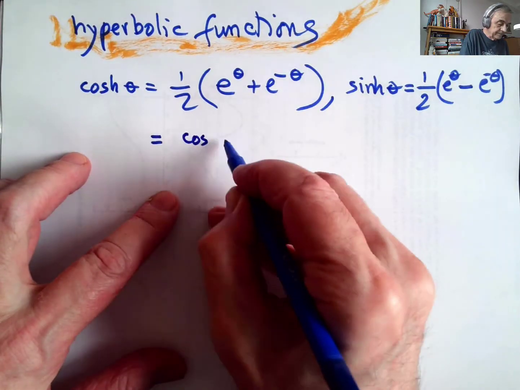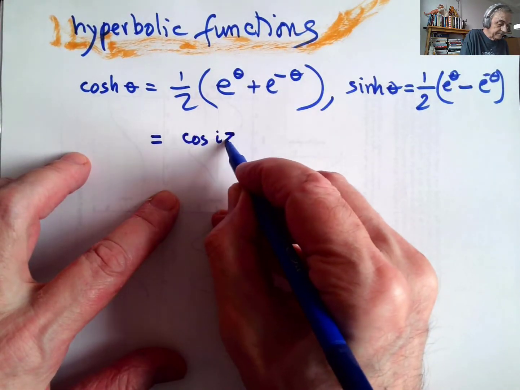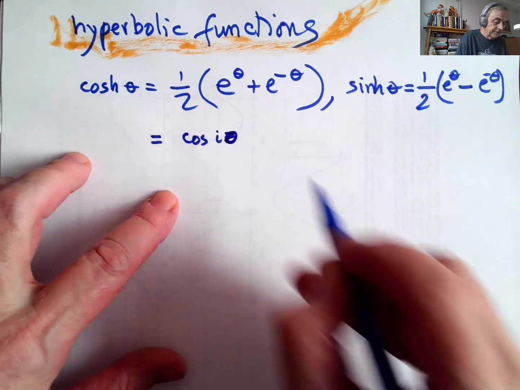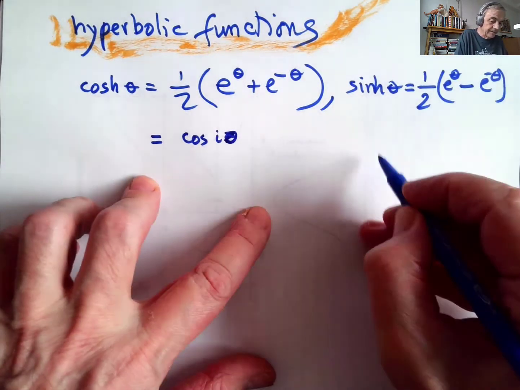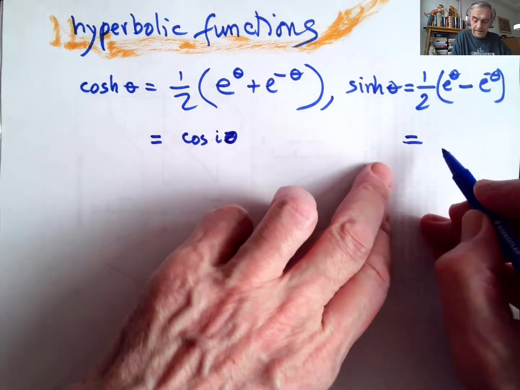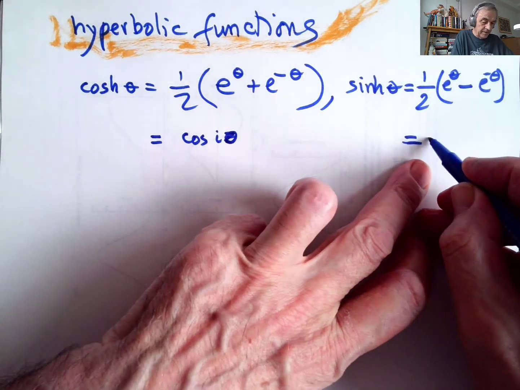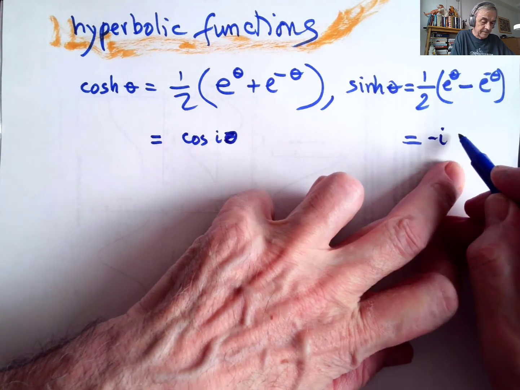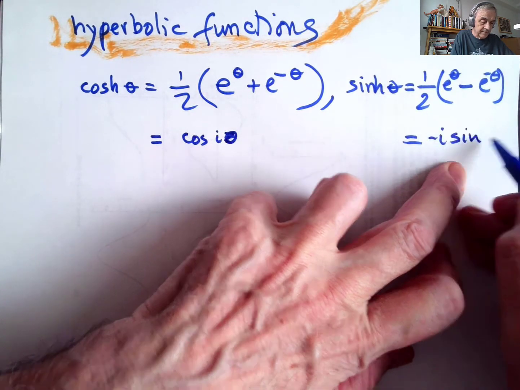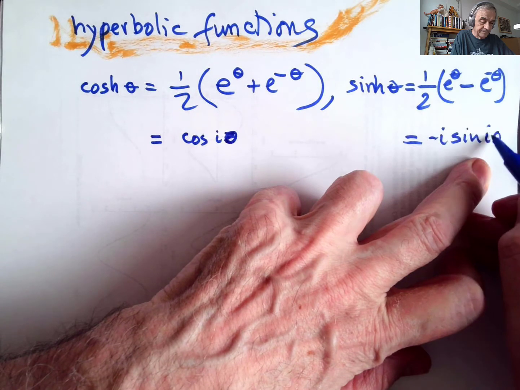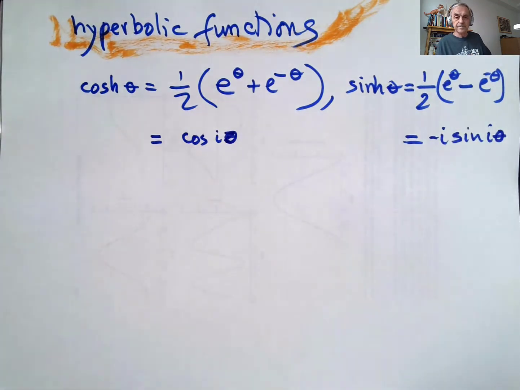So cosh θ is cosine of imaginary argument, and you can think of sinh as minus i sine of iθ.